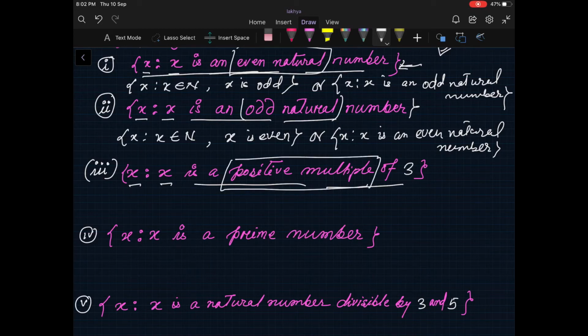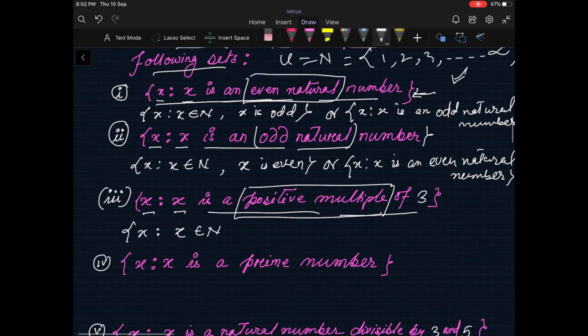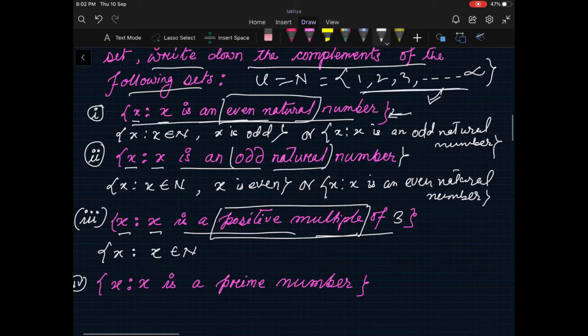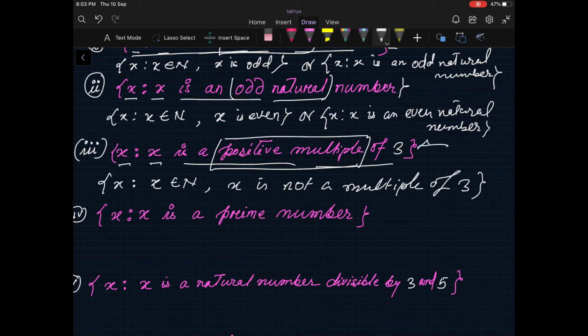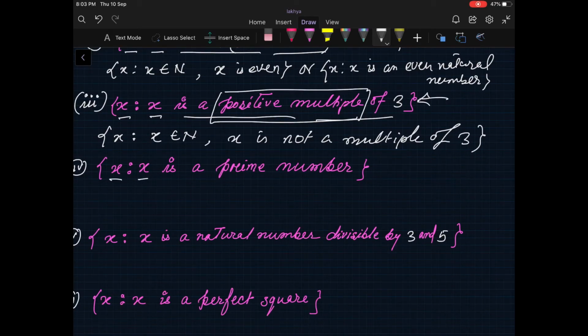The complement of this set will be X such that X belongs to N, it must be a natural number, as we have taken the universal set as the set of all natural numbers, where X is not a multiple of 3. So that is the complement of this set.